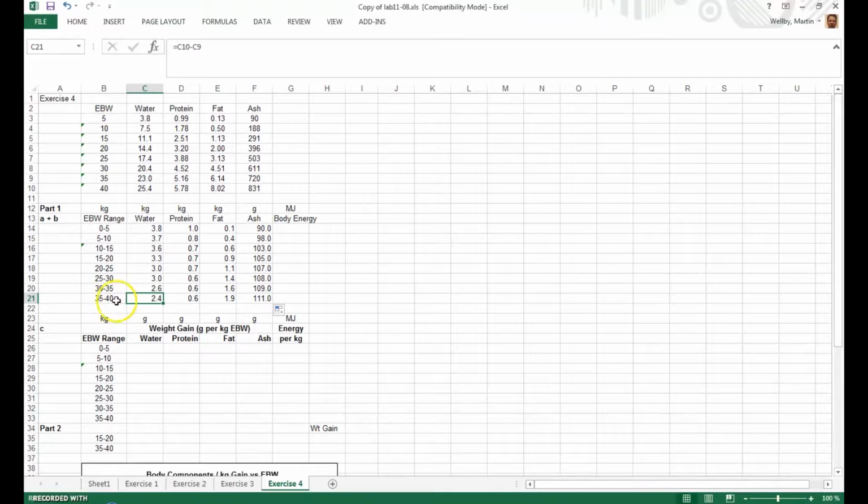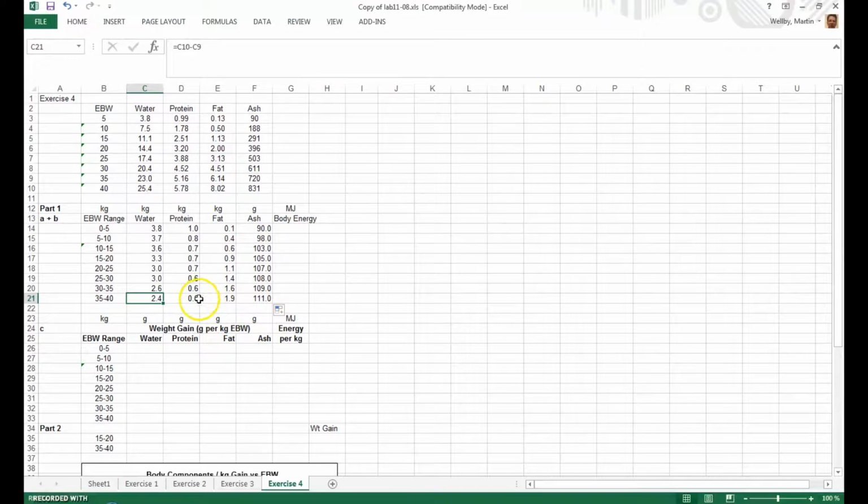So when we get up to here, 35 to 40 kilograms, that 5 kilo change is made up of 2.4 kilograms of water, 0.6 protein, 1.9 fat, 110 ash.